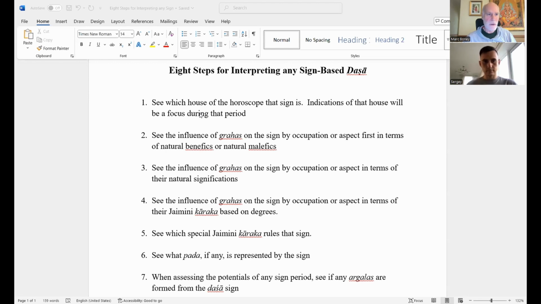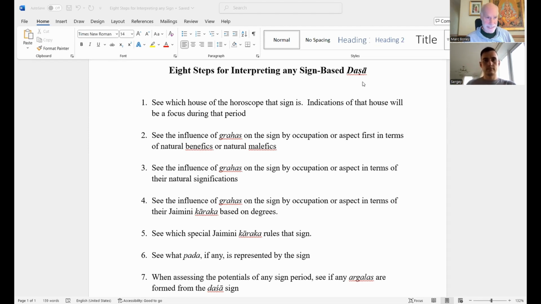So it's important to know that in the Jaimini system, all the grahas, the planets, including Rahu and Ketu, have 3 levels of significance and interpretation. So the first level is the simple designation or classification of all the grahas as natural benefics or natural malefics, right?